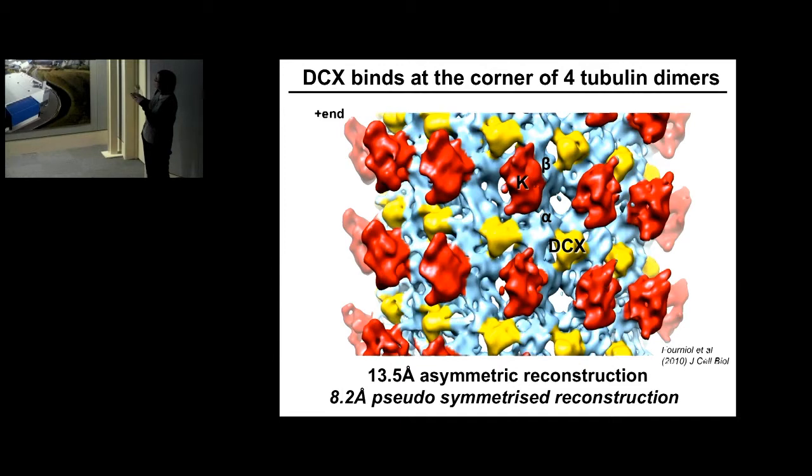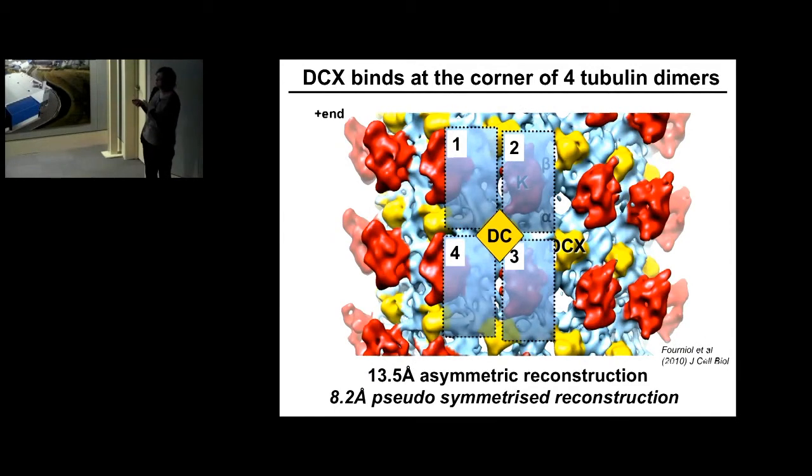The kinesin motor domain, this 40 kilodalton, quite well-defined structure, is in red, and that means that the unaccounted-for density corresponds to Doublecortin. What this reconstruction was able to tell us is that Doublecortin binds at the corner of 4 tubulin dimers, which is a great place for a microtubule stabilizing protein to be binding, because by binding there it stabilizes both lateral and longitudinal contacts within the microtubule lattice.